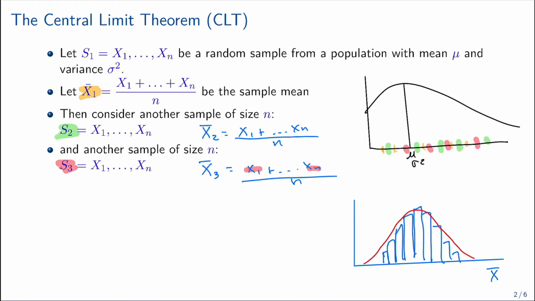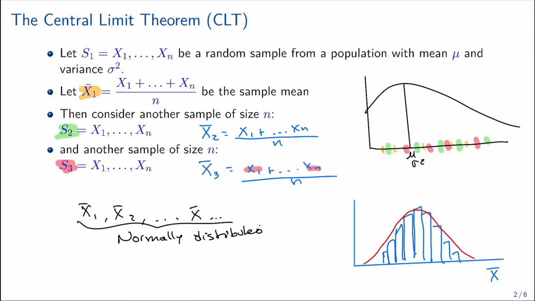So the central limit theorem is telling us that x1 mean, x2 mean, and so forth are normally distributed. Now we have to take into account one fact, and it is that in all the cases the size of the sample was the same, so n was the same.